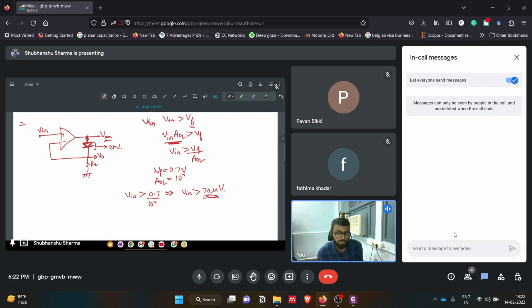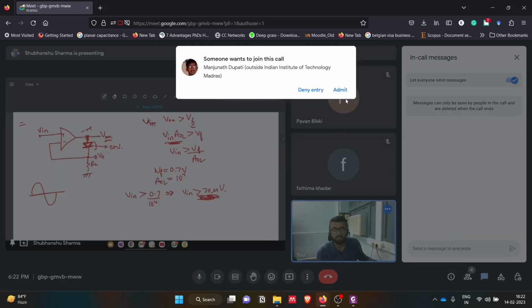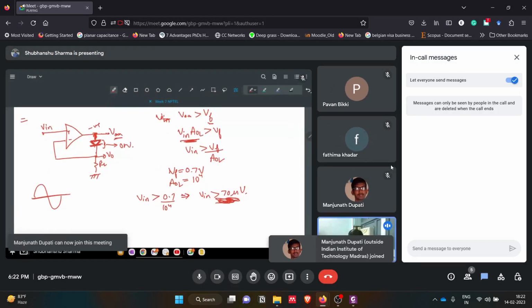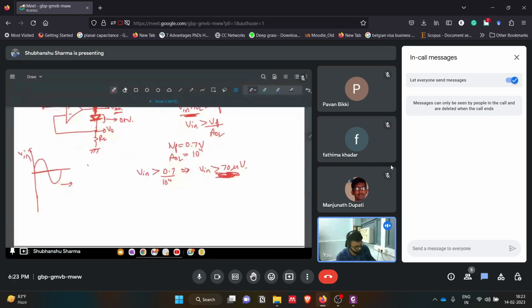But how do we realize the half wave rectifier from this? If we give a voltage less than this, there will be a negative voltage here, and it won't be able to make this diode on. So if we give this waveform as input, this is what we are expecting.